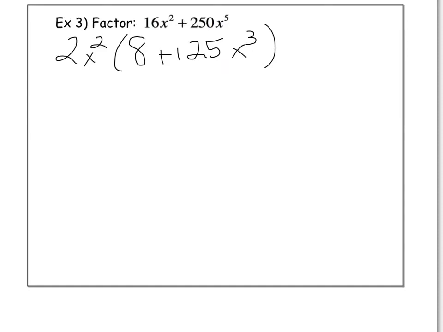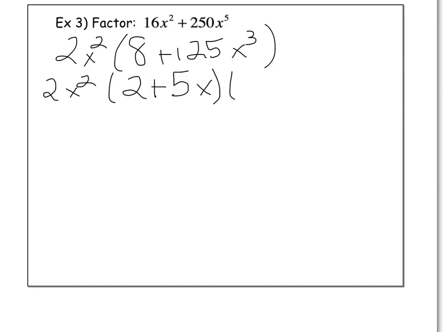So we continue factoring using our formula, and don't forget to bring that GCF down with you every step. So we have 2x squared, then the cube root of 8 is 2, so this becomes a 2 plus, because that first sign is the same, and then this is 5x, right?